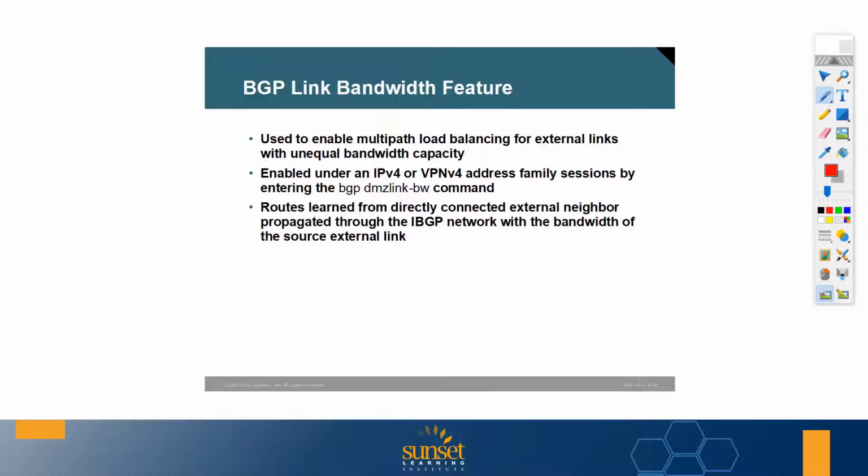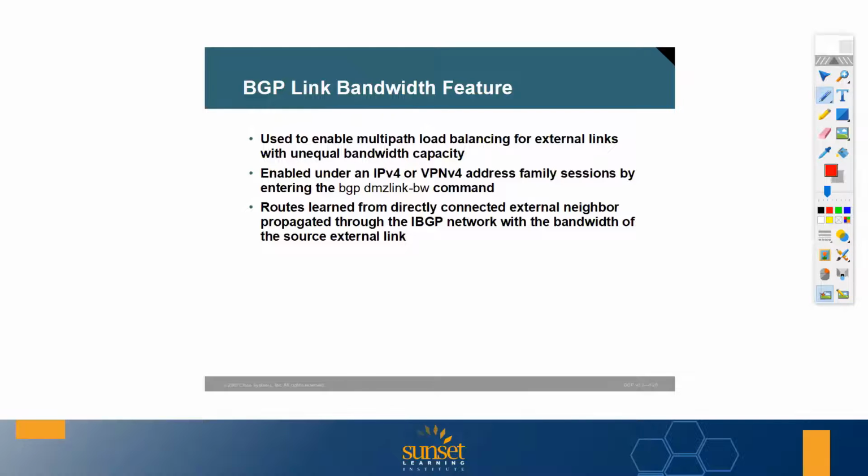Now, they also mentioned the idea that you can utilize within here as a BGP community string link bandwidth. By default, BGP does not look at bandwidth of an individual interface to determine what is the best route, okay? However, with the DMZ link bandwidth feature, it allows us now to enable not only multipathing, right?